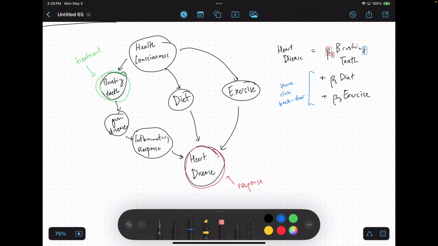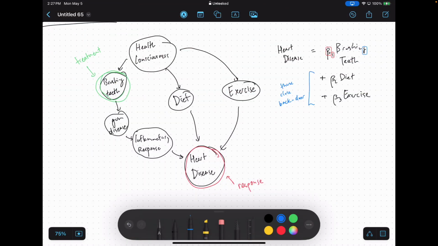Yeah. With the backdoor paths, would you call diet and exercise the beginning of the backdoor paths? No. I think you always start with the treatment. I guess I'm trying to understand how you knew that diet and exercise should be what you include to close the back door.